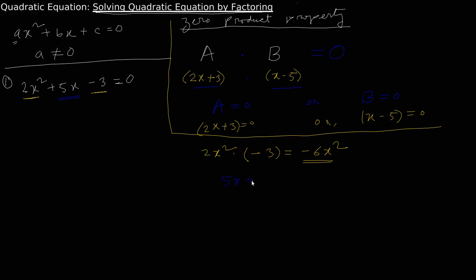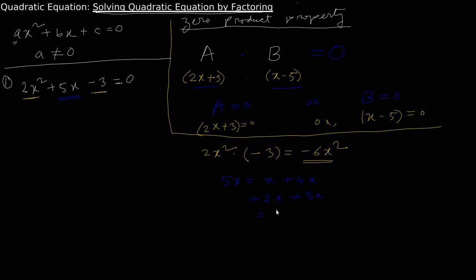Now I'm going to divide the 5x. There are many ways I can divide. 5x is x plus 4x, and I can write 5x as 2x plus 3x, and I can write 5x as 3x plus 2x.